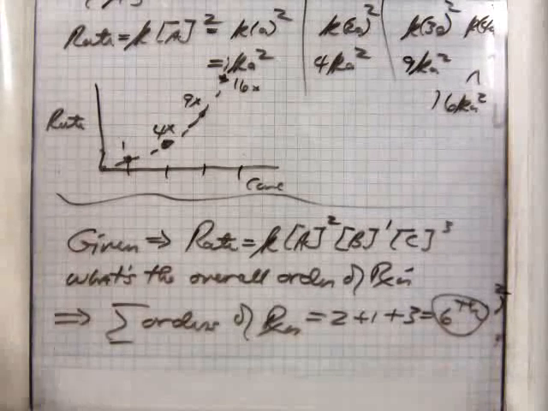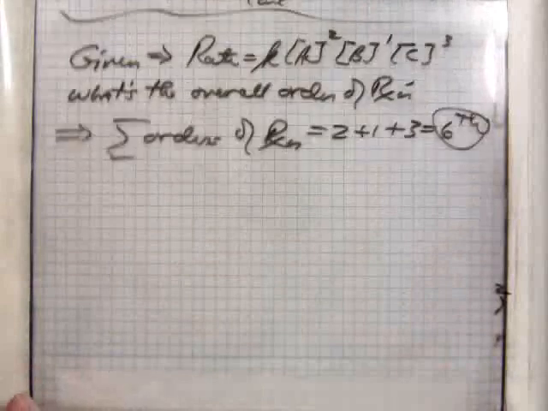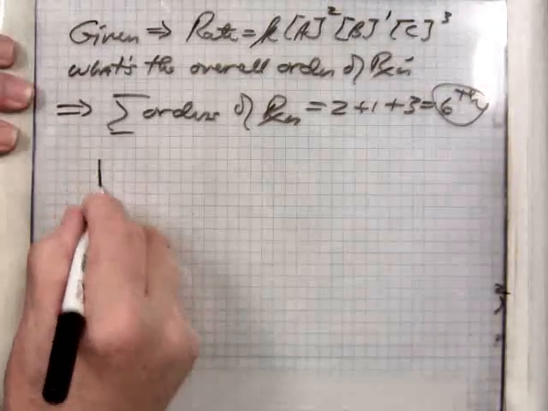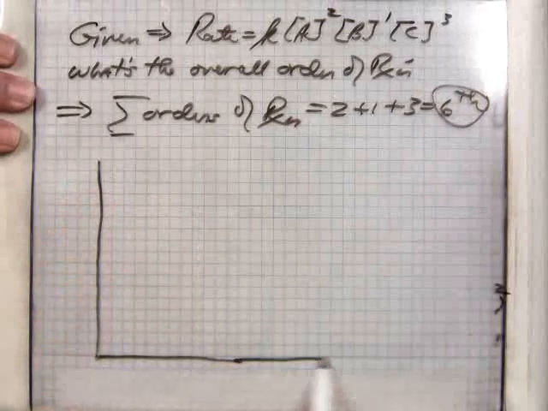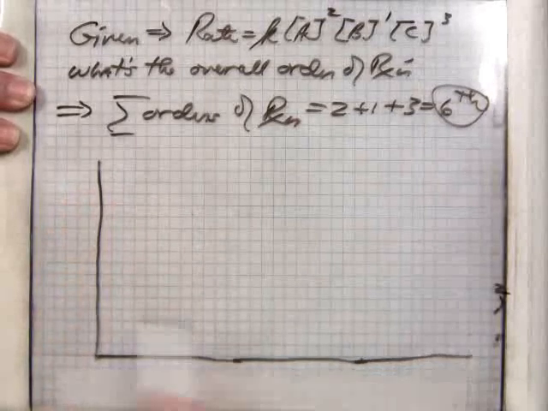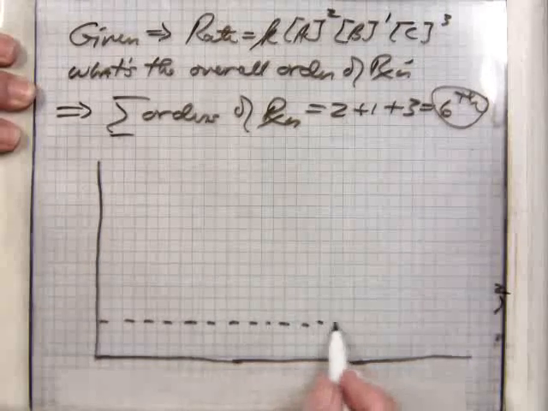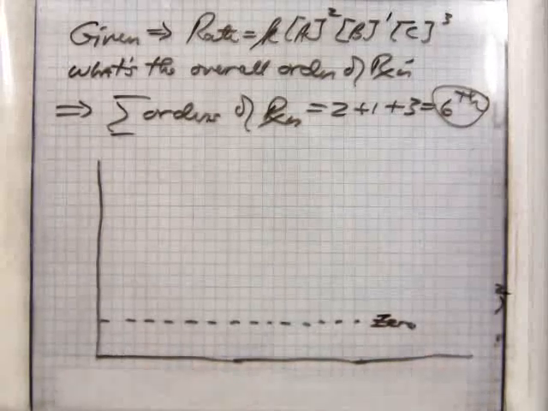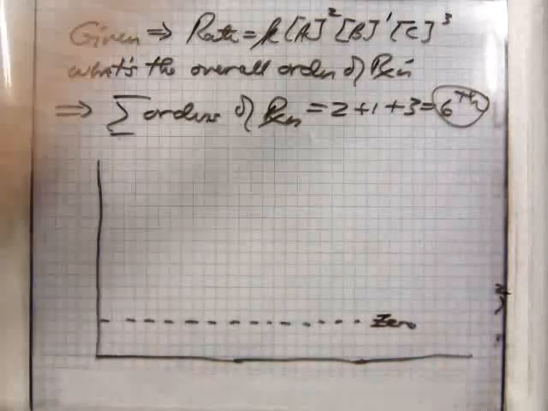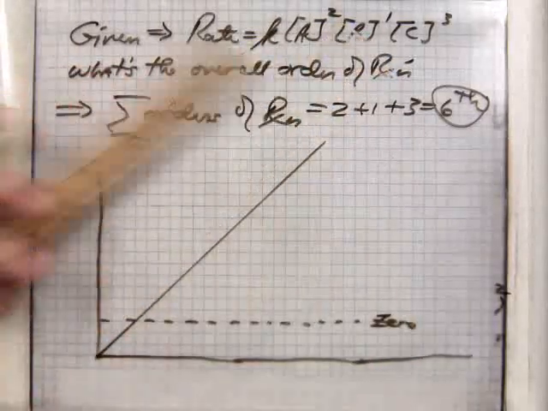Now, to see how these are kind of grouped together on a graphic scale, we showed you a zero order trend, and we showed you a first order trend. It was a linear trend.